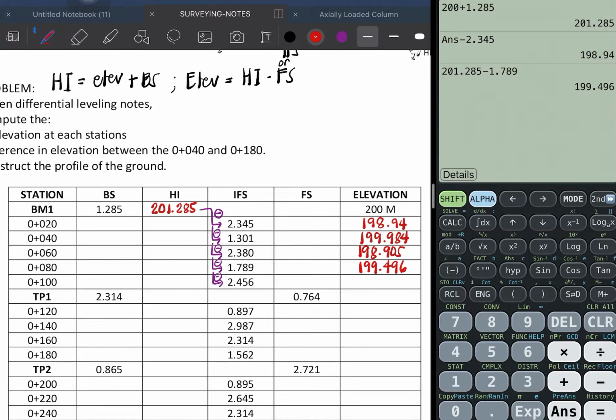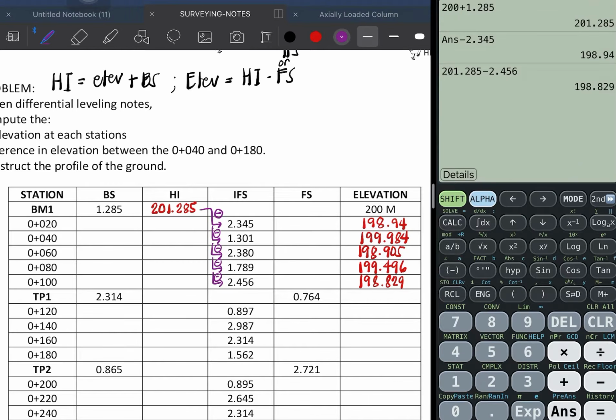Then the last station before the turning point, station 100, the intermediate foresight is 2.456, giving 198.829.